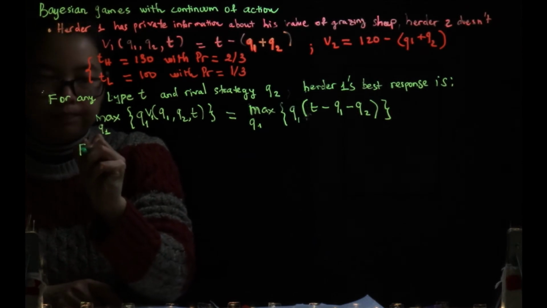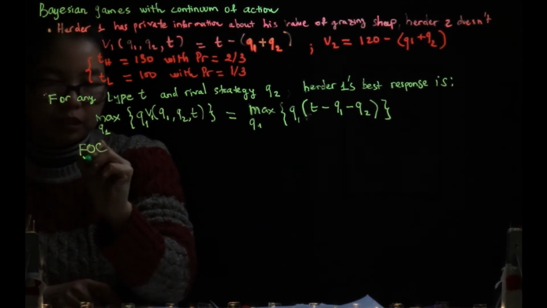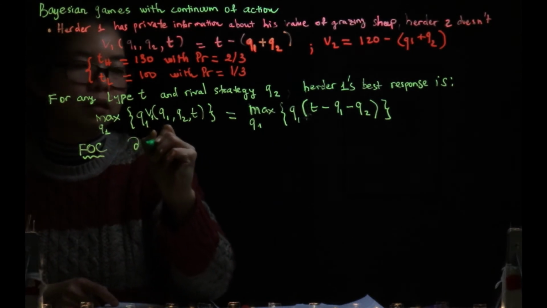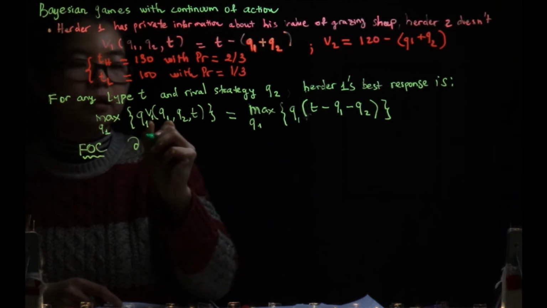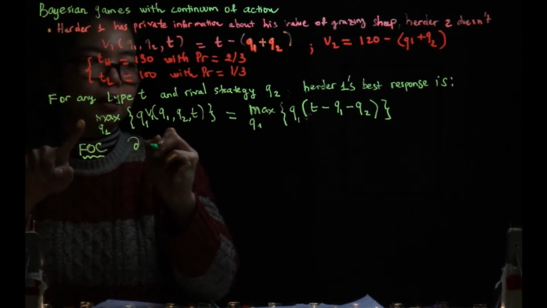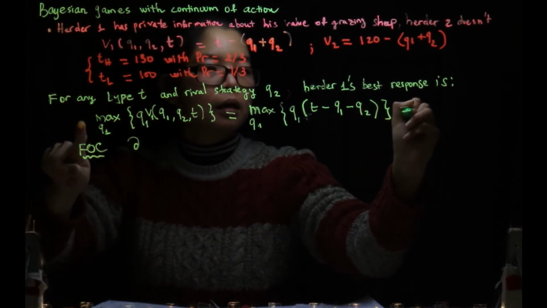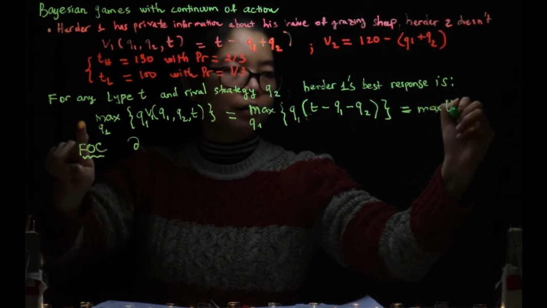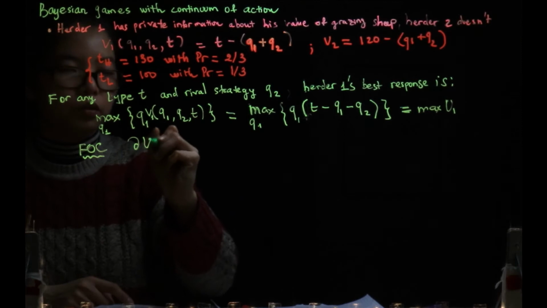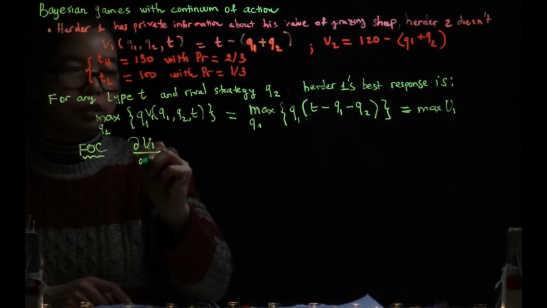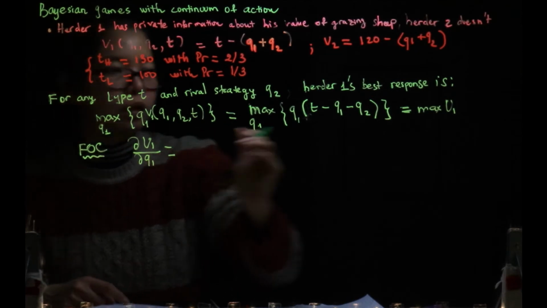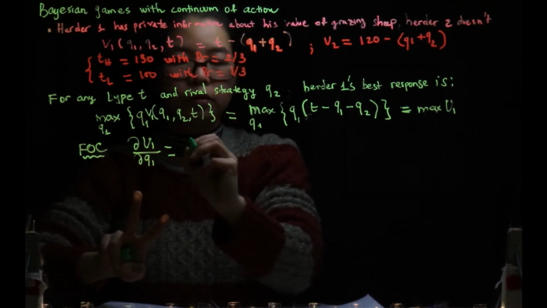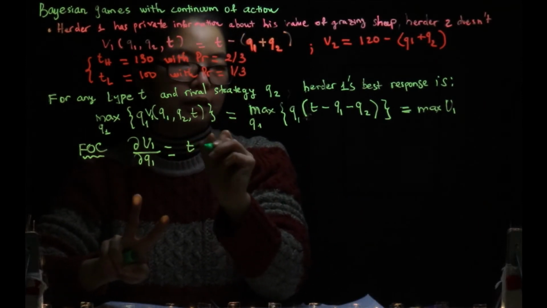First order condition, the standard procedure for a maximization problem. The derivative of U1 with respect to q1 equals, taking the first derivative of the term q1 times t, t.